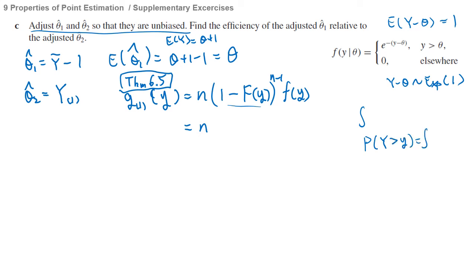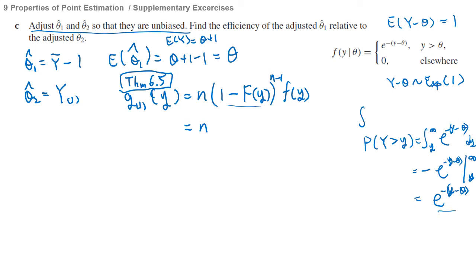So this is integrating from y to infinity e to the minus (y minus zeta) dy, and this is minus e to the minus (y minus zeta) from y to infinity, and putting in infinity is 0, so this is e to the minus (y minus zeta).